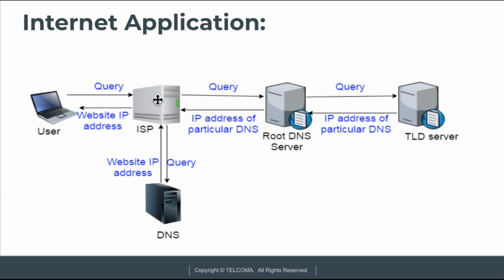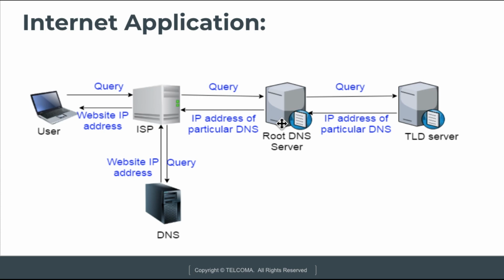Here, the recursive resolver talks with the root DNS server about the IP address of the website. Now the root DNS server searches for its particular top level domain, TLD, by analyzing the domain name of the website.